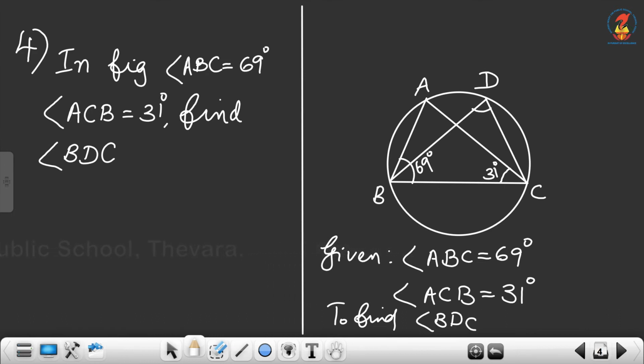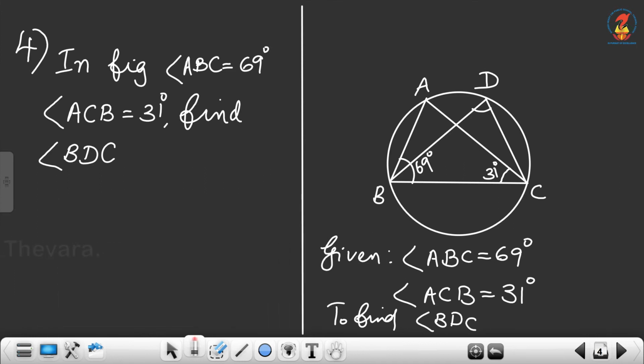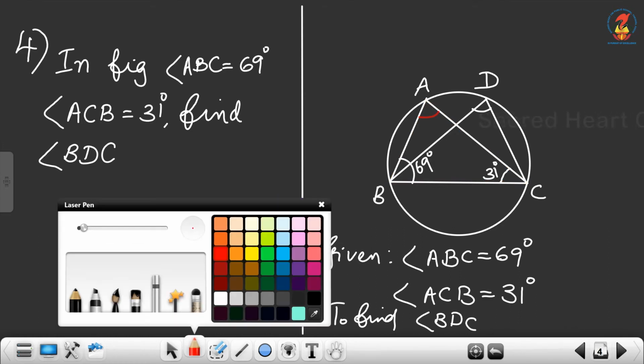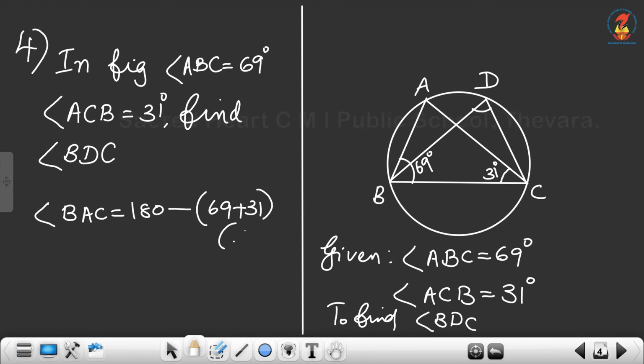So here what we are using first is angle sum property of a triangle itself. Here consider this triangle ABC in which two angles are given. So you can find the third angle using angle sum property. So angle BAC is equal to 180 minus (69 plus 31) using angle sum property of a triangle.